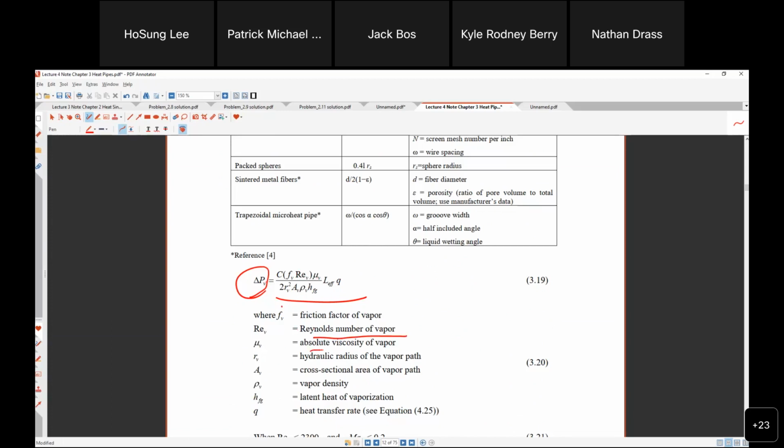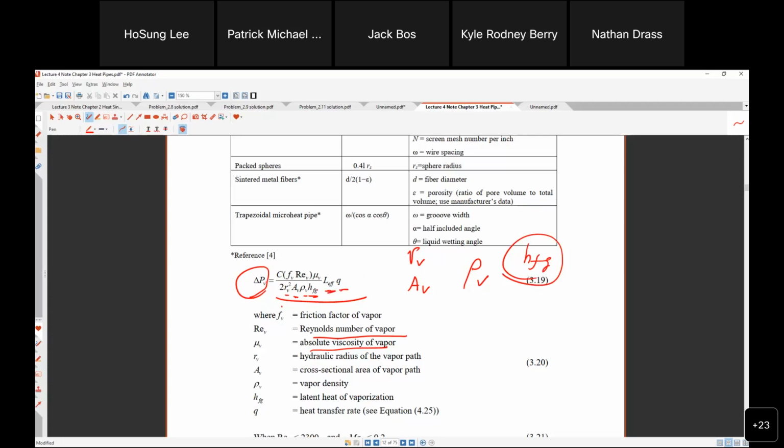Mu is the viscosity. What do you think R over V is? Vapor radius. A is the vapor flow area. What do you think rho V is? Density of vapor. HFG is the enthalpy of phase change. L of E and Q.